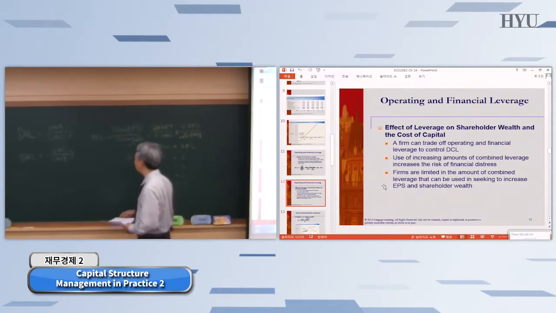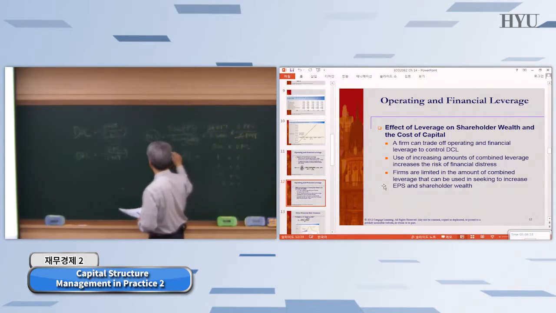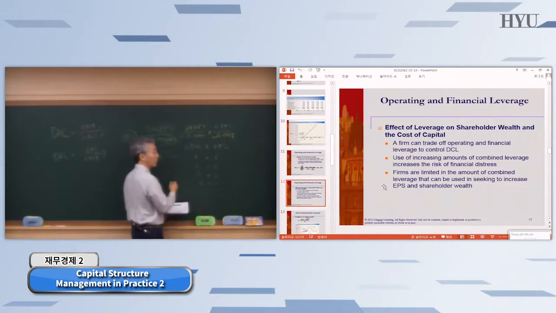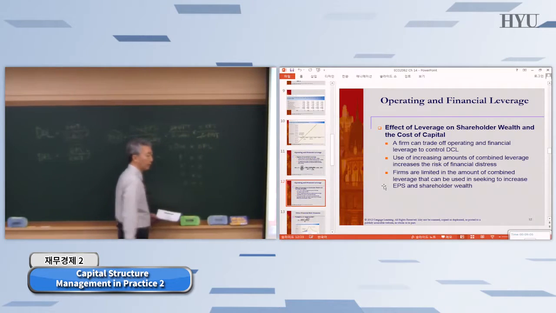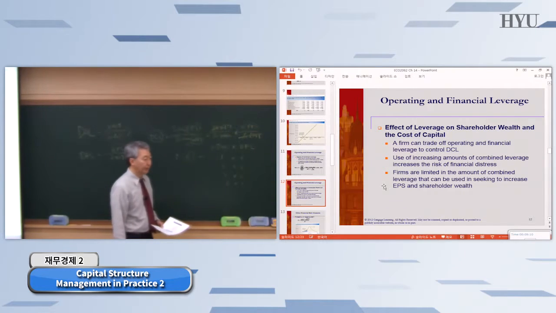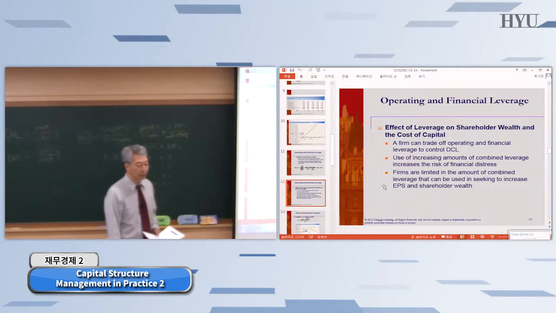Right. Higher DCL implies that either you have higher DOL or higher DFL or both, right? And what's the story about higher DOL? If you have higher DOL, what's the story?